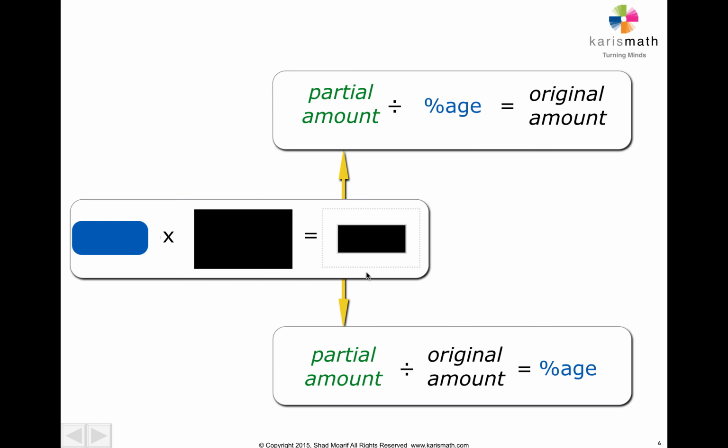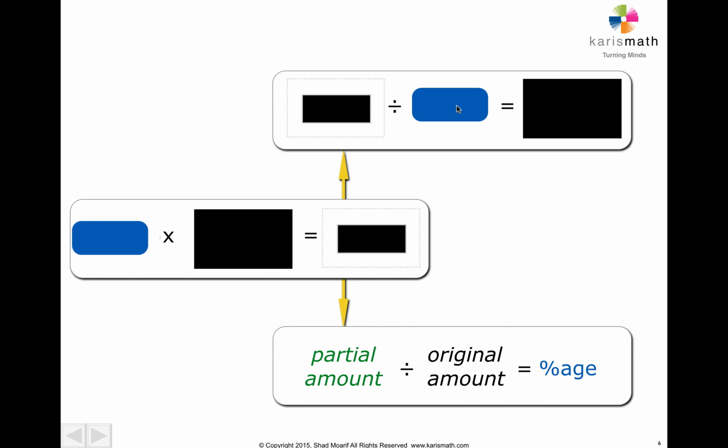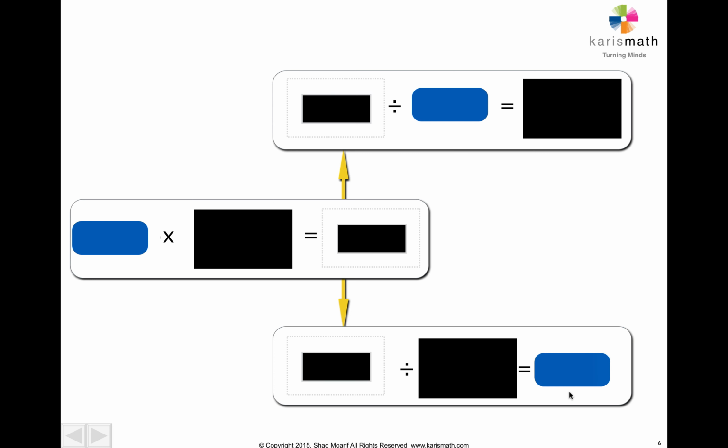The original amount, partial amount, which is smaller. And this blue is percentage. Here, the partial amount would be this one here, the small black rectangle, and then the percentage, and then the original amount. And here, again, the partial amount, original amount, and percentage.